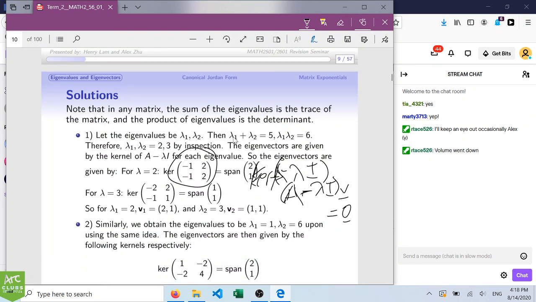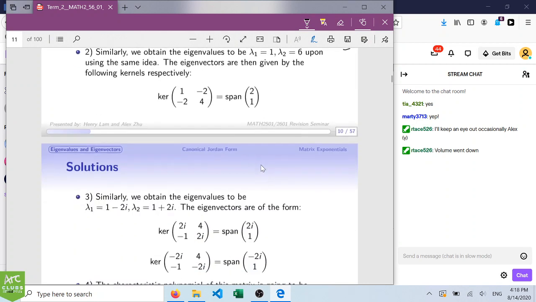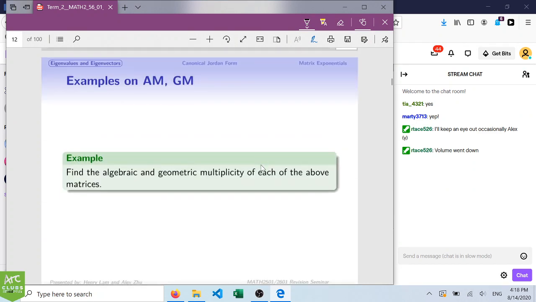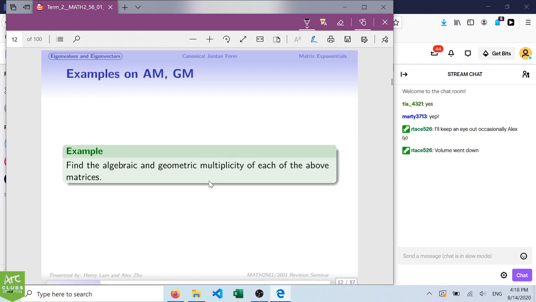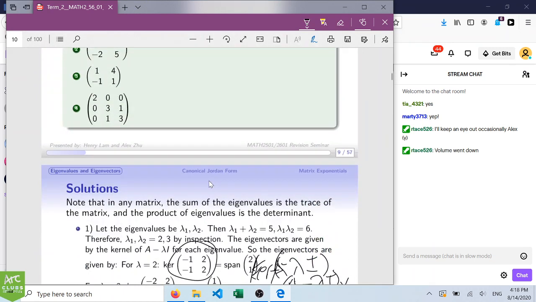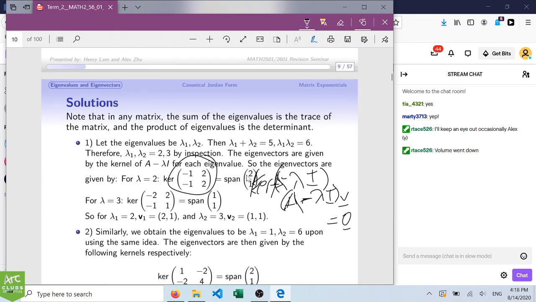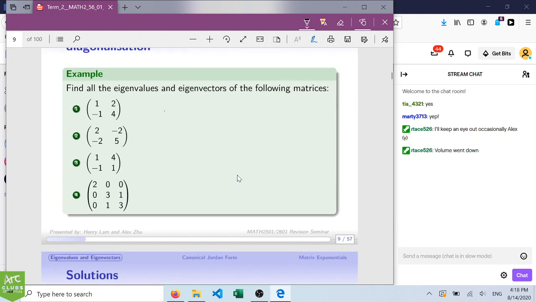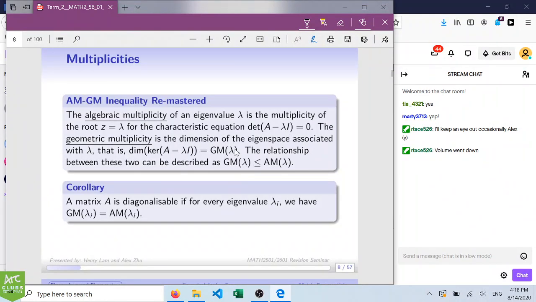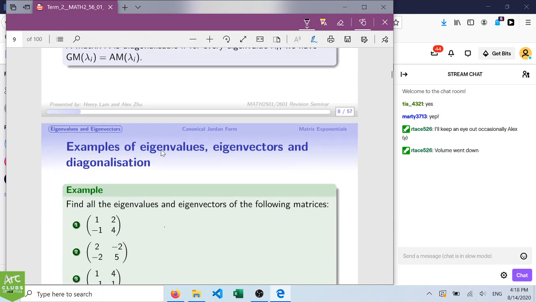So these two roots are going to form 2 AM. Okay, and for geometric multiplicity, because the kernel of this is also going to be, there's going to be two, so each of the dimension of, remember the definition of the geometric multiplicity, it's basically for each of the lambda values, there's one dimension of kernel.